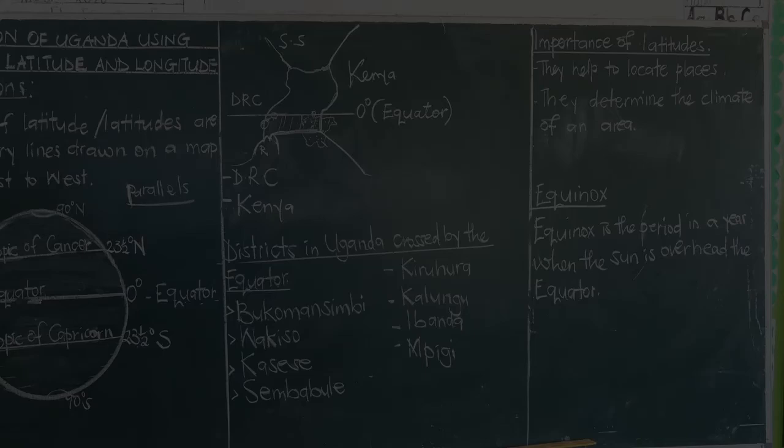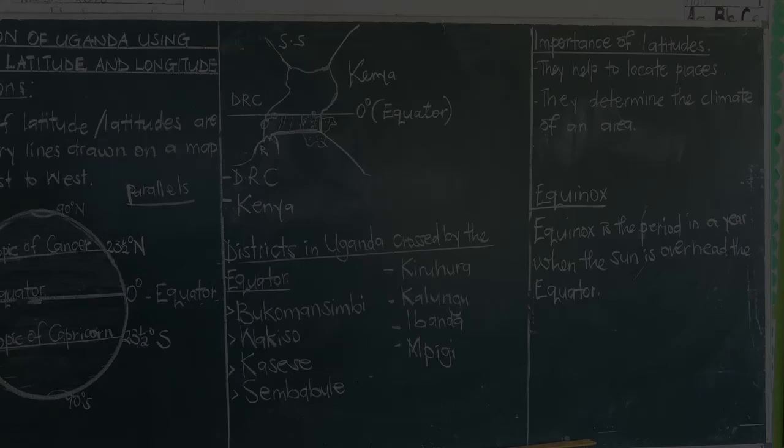So we are going to have the latitudes. We say that Uganda lies on the latitude 4 degrees north, and we have 1 degree south of the equator.